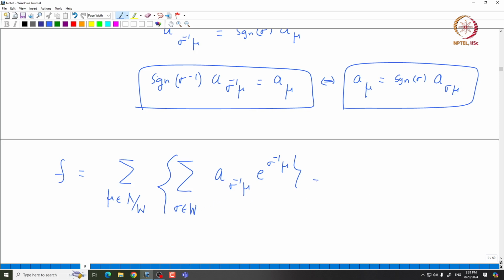Okay. So, then this is exactly equal to summation a mu, because a sigma inverse mu is nothing but sign of sigma times a mu.